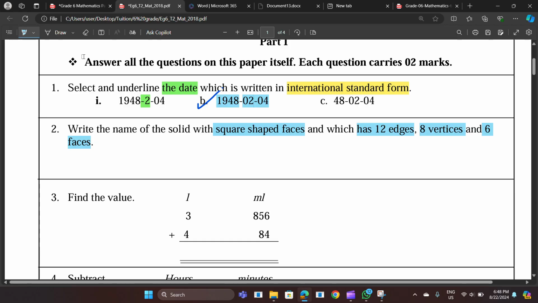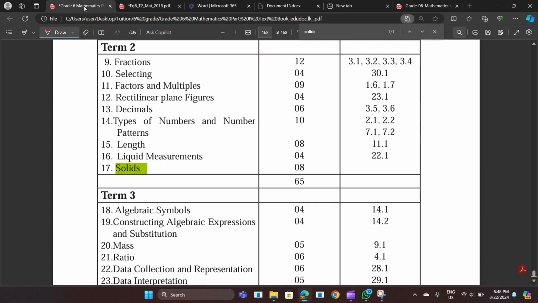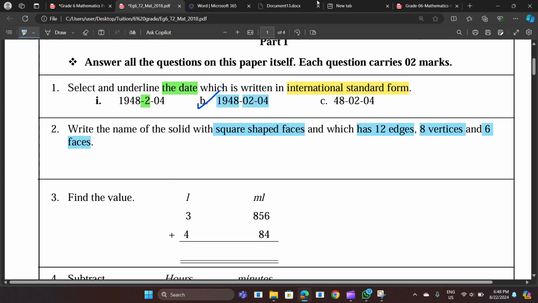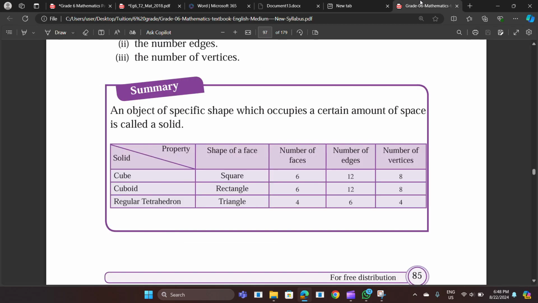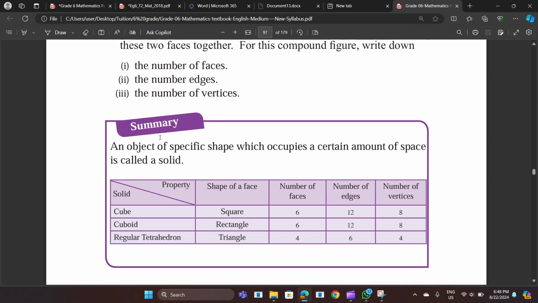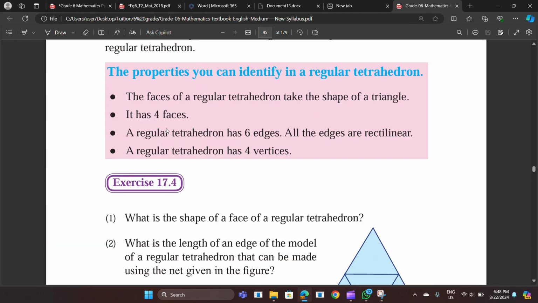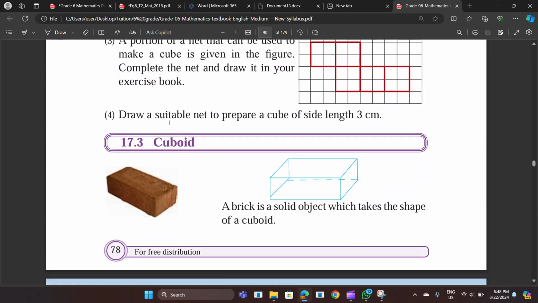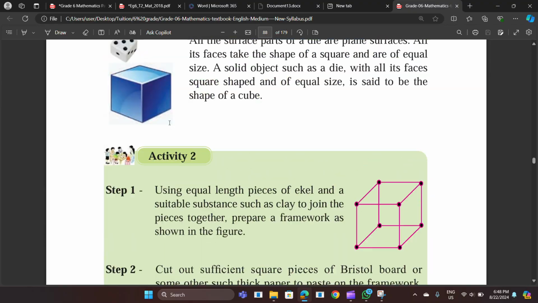But let's quickly recap. What are solids? Okay, solids. Solids mean it is your 17th chapter. It is in your second part of your textbook. Okay, in this lesson, in this chapter, you have learned about three solids.